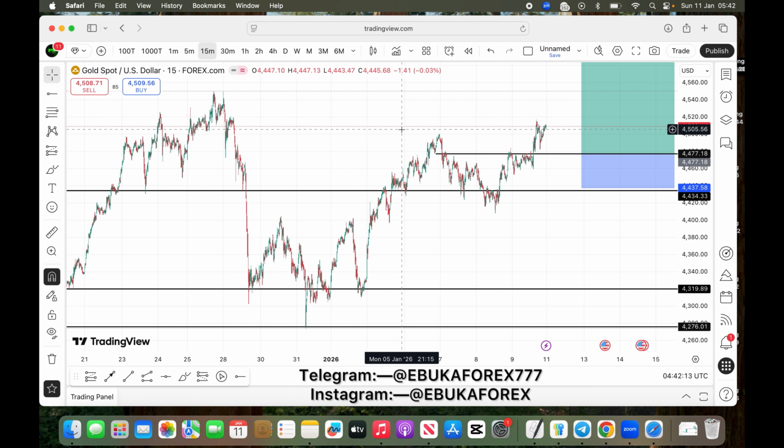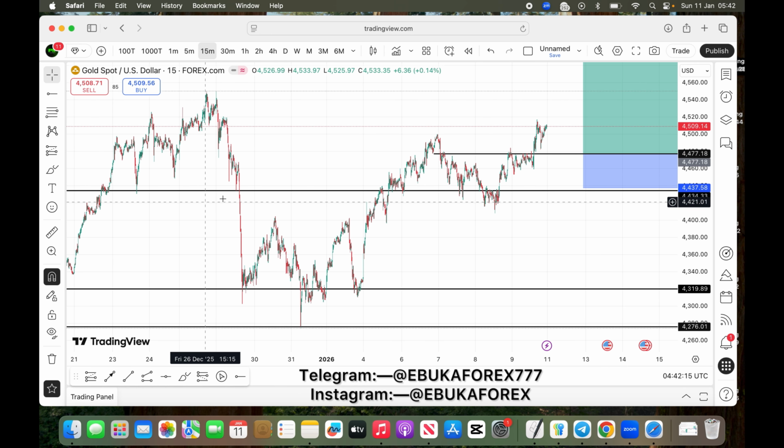So the most important thing is you understanding the liquidity concept, which is how to mark your major key levels. How does the internal liquidity work with the price action? How does the external liquidity work with the price action?